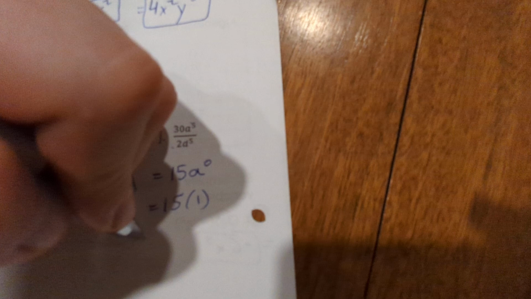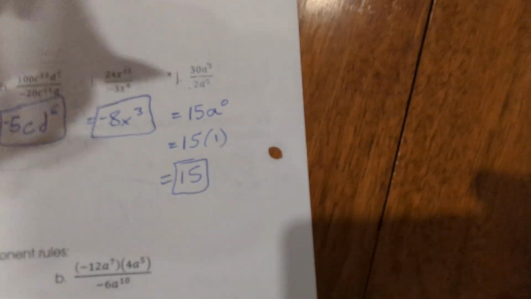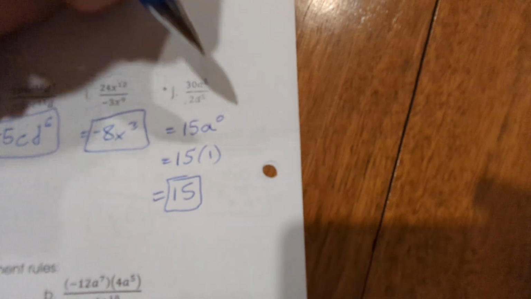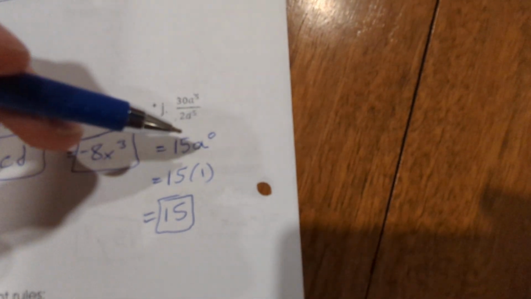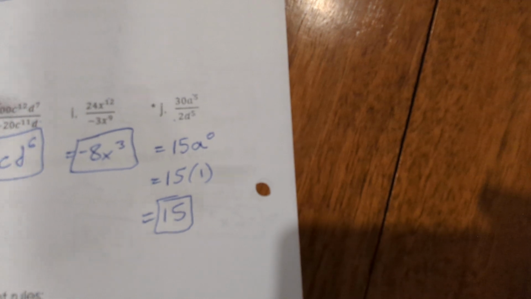It's 0. So if you go ahead and type anything into your calculator to the power of 0, it turns out that anything to the power of 0 is just 1. So this is technically just 15 times 1, which is just 15. And we will learn more about this in a future lesson. But it's good to know anything to the power of 0 is just 1. So this answer will just be 15, and the a will just go away.